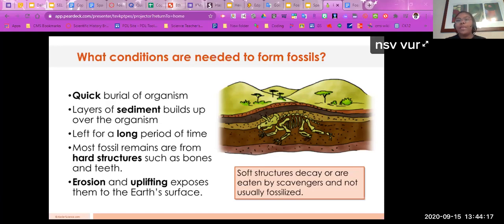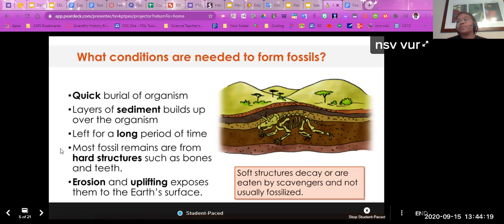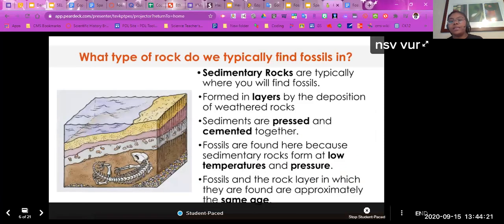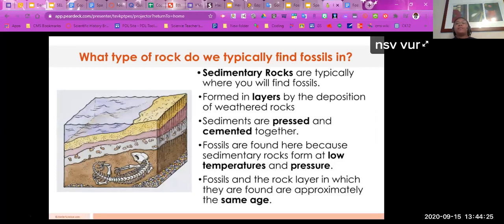So next, we already talked about how typically fossils are going to be found in sedimentary layers, mainly because organisms will die and then be covered by some layer of weathered rocks, or it could be ice or something like that. Just as a recap, sediment is going to be pressed together.